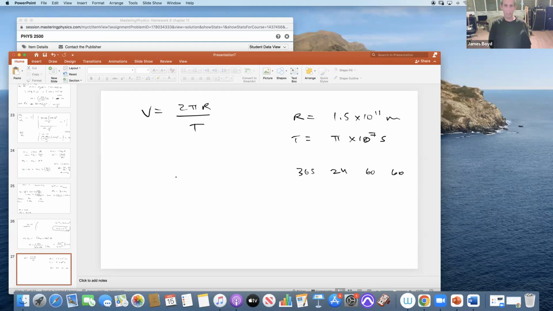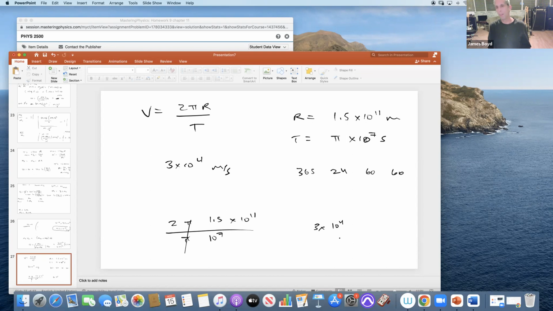So the velocity of the Earth is 2 times pi times 1.5 times 10 to the 11th divided by pi times 10 to the 7th, and you get about 3 times 10 to the 4th meters per second. The pi's cancel. 10 to the 11th over 10 to the 7th is 10 to the 4th, times 2.